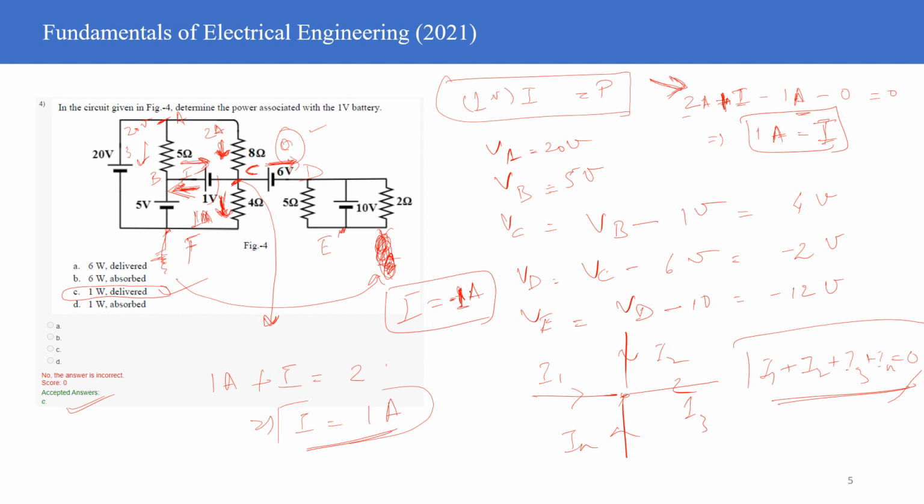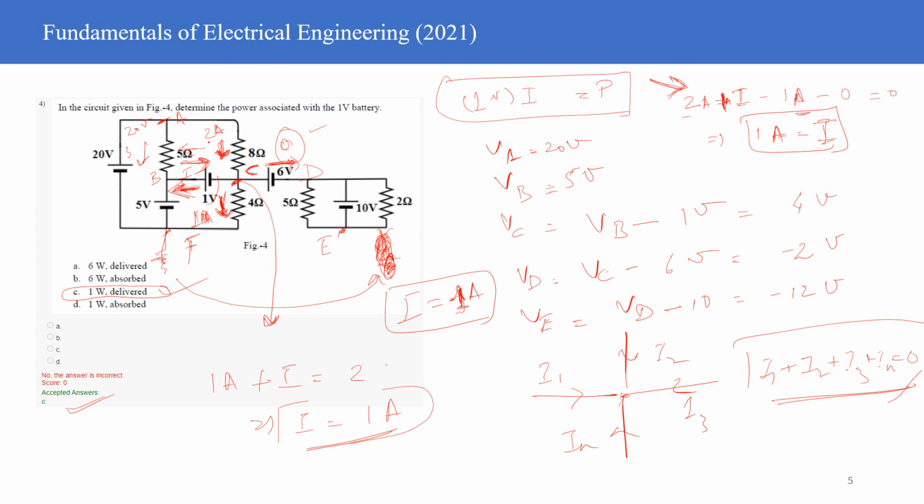So when you are getting minus 1 ampere, that implies that the current direction you have chosen is wrong, right? The current would actually be flowing in this direction, because it's a DC current, so positive and negative is basically implying a direction.